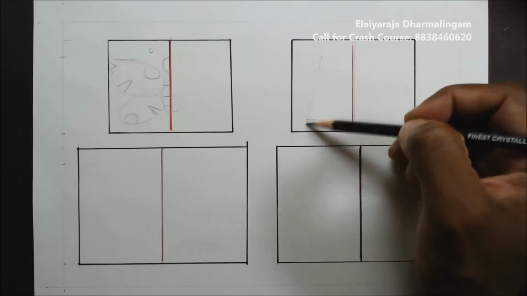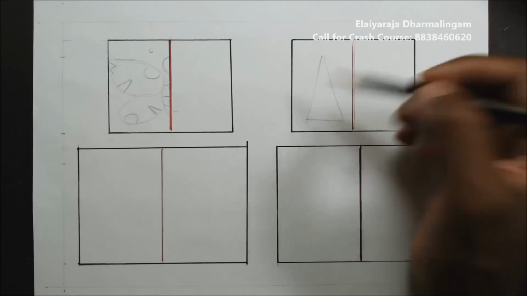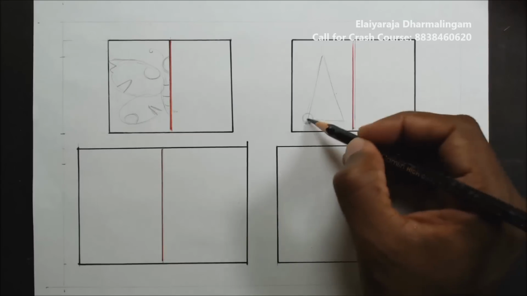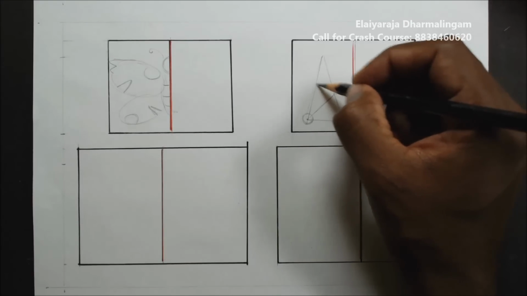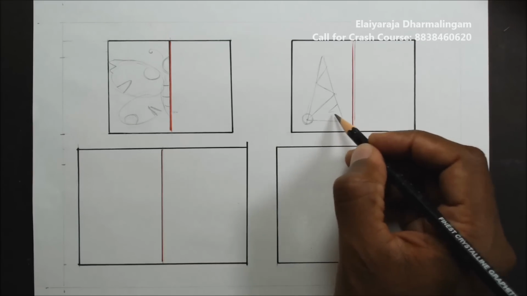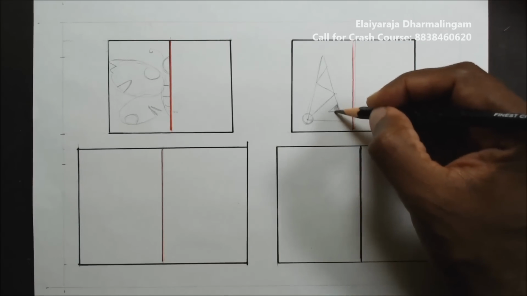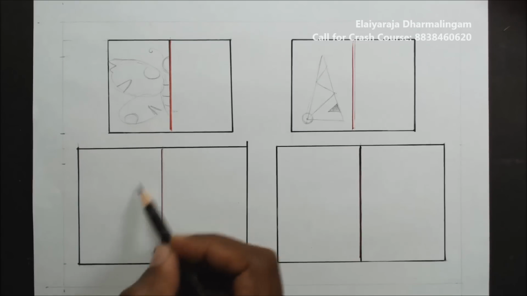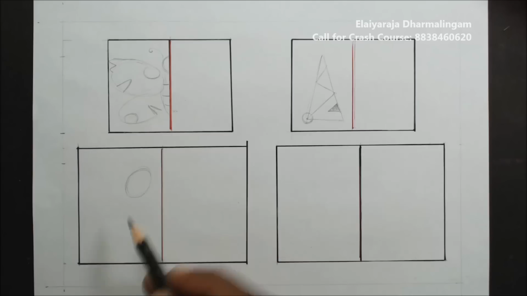And in the second box, I have tried to draw a simple geometrical image or diagram, a completed drawing. In this type of question, you have to mirror the same image in the other box.